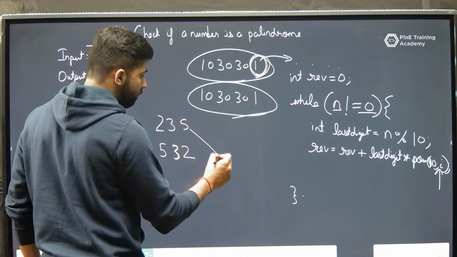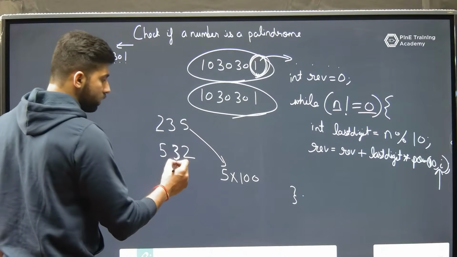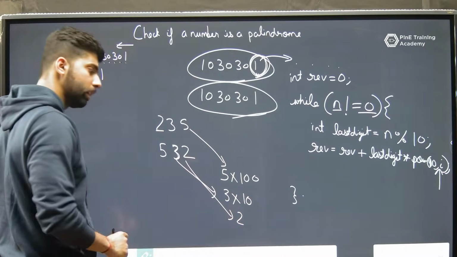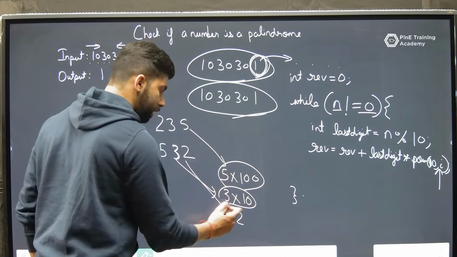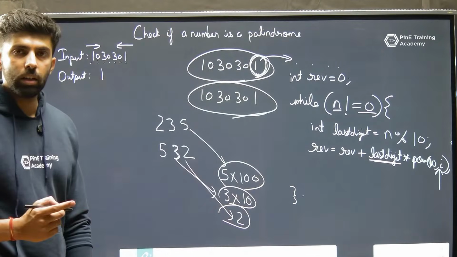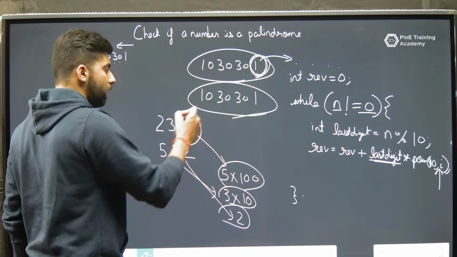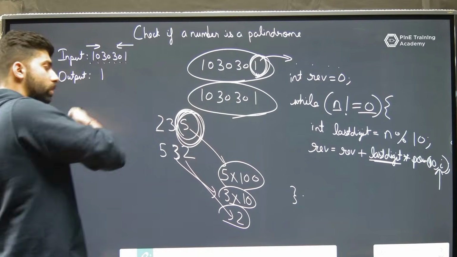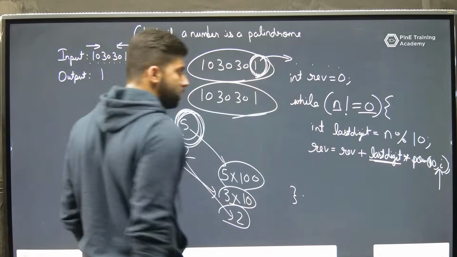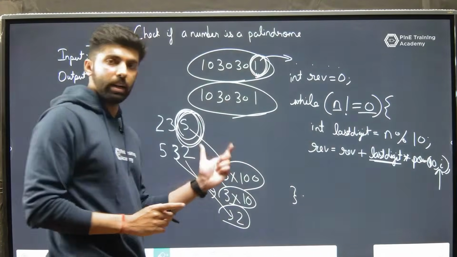So I will get 5 here, 5 should be multiplied by 100, 3 should be multiplied by 10, and 2 should be used directly. This is how I will form my number. So when I am getting my last digit, I need to ensure that the first thing I am getting should come towards the left. And how will it happen? I can simply change the value of i, which can be a little bit tricky because you need to know how many digits are there.